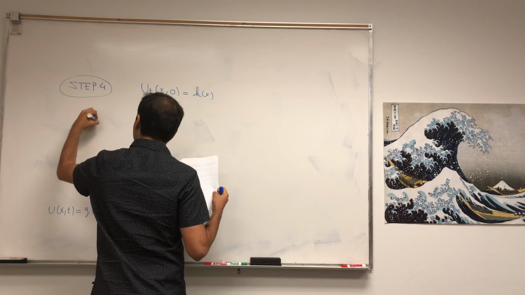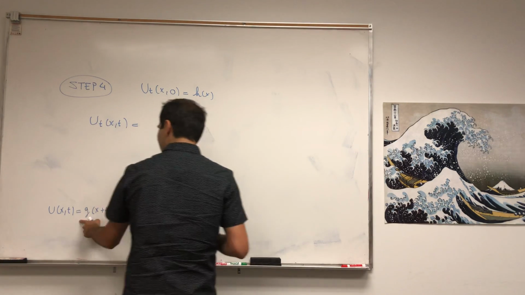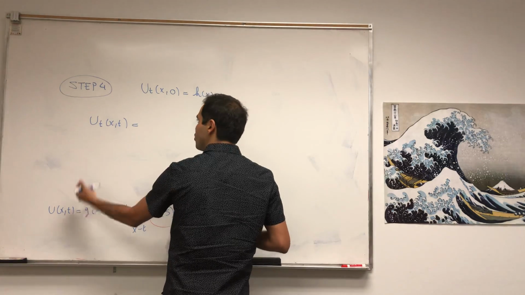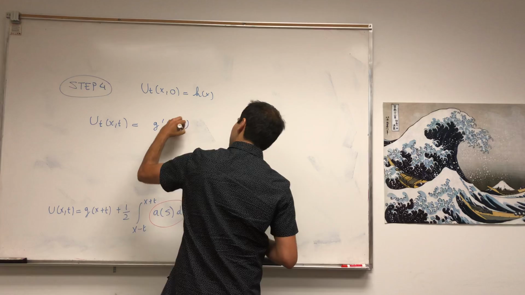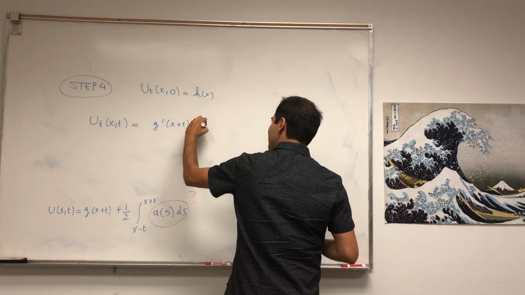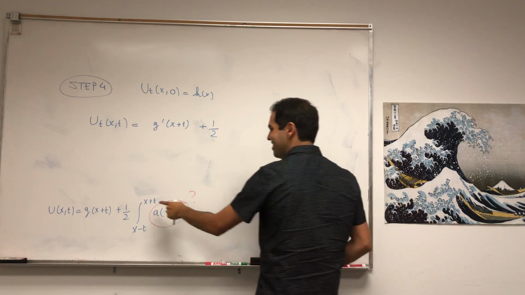Well, let's take this equation and differentiate it with respect to t. Remember, g is just a function of one variable, so this becomes g prime of x plus t. And for this, we want to use the fundamental theorem of calculus.